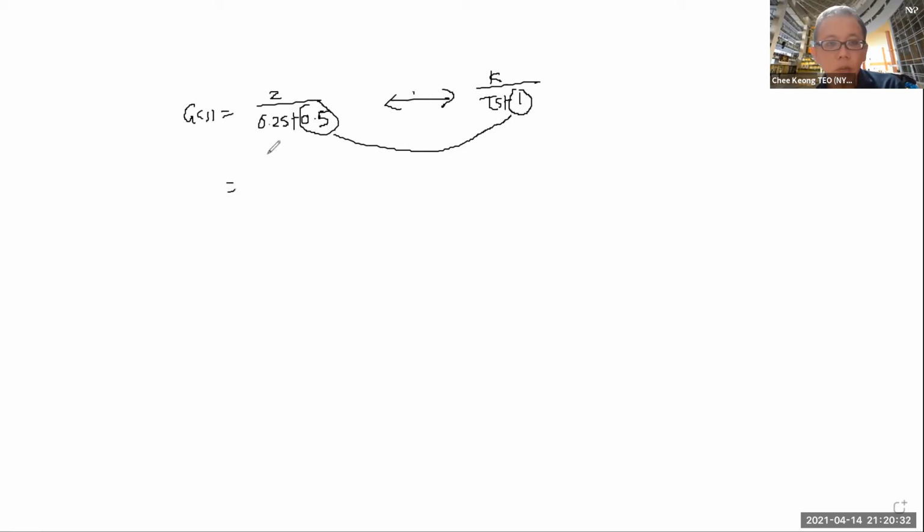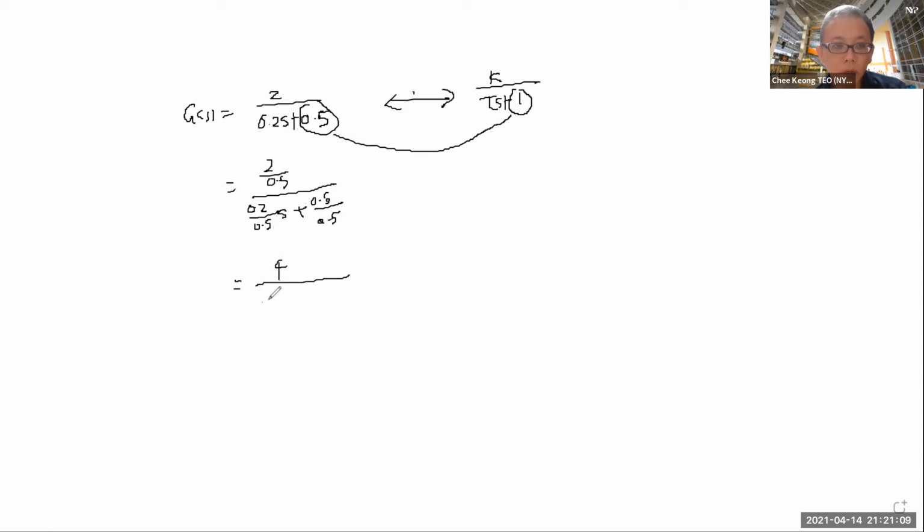So on top you get 2 divided by 0.5, and on the bottom you get 0.2 divided by 0.5 times s plus 0.5 divided by 0.5. 2 divided by 0.5 gives you 4, so you have 4 on top.